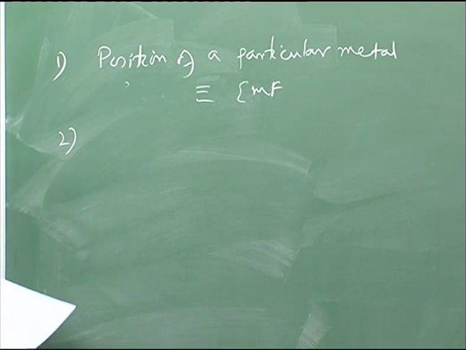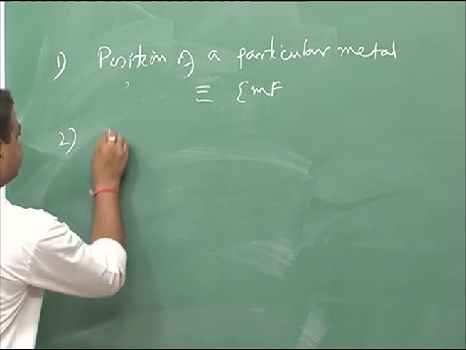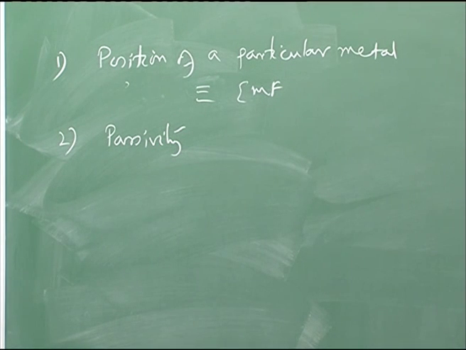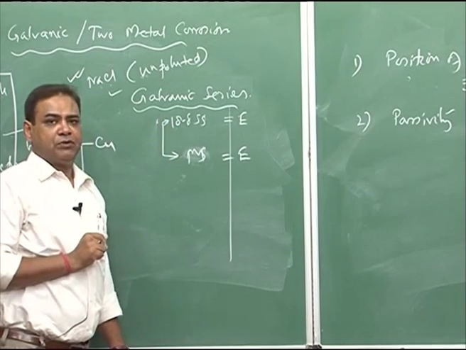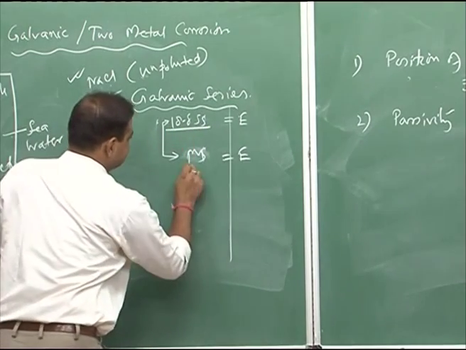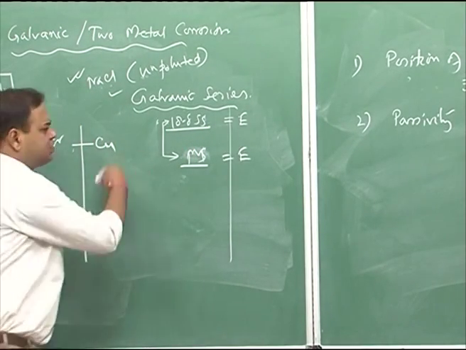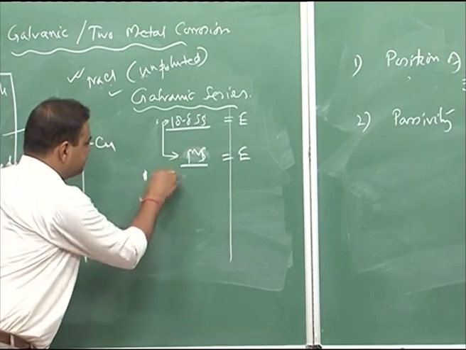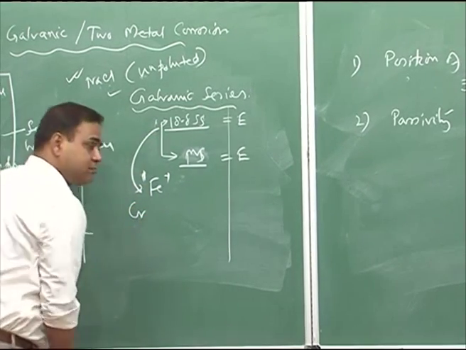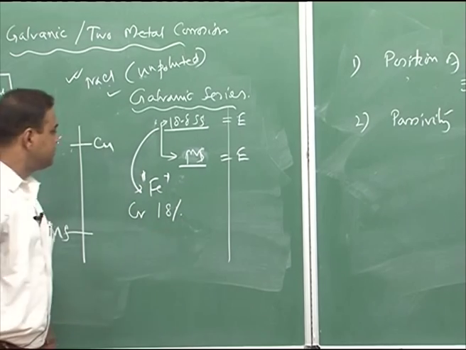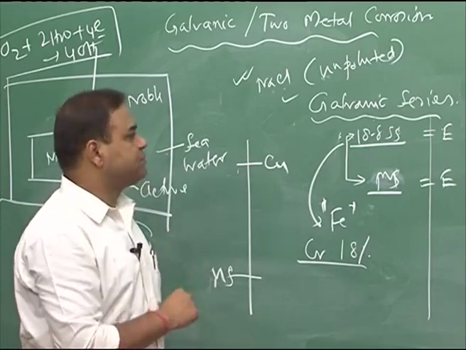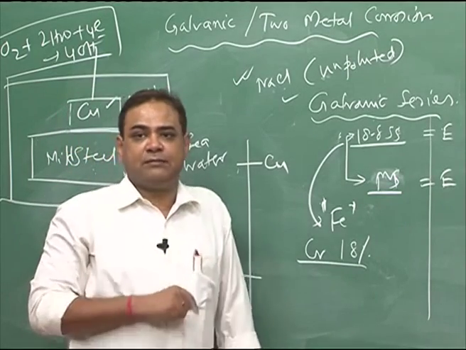Now, the second case: passivity always changes the position of the noble and active nature of a particular metal. For example, 18-8 stainless steel and MS: the major component of both is iron, but in the stainless steel we have around 18% chromium. Because of this 18% chromium, there is a possibility of formation of a chromium oxide passive layer.